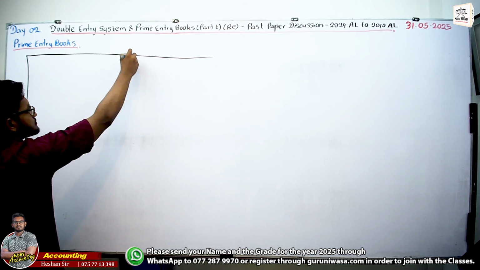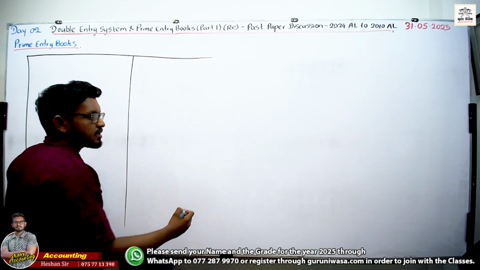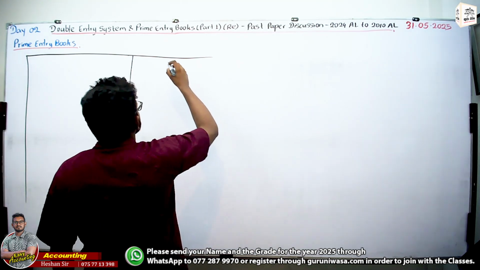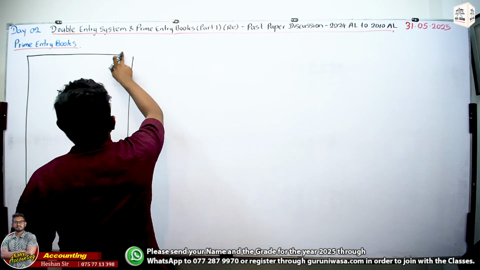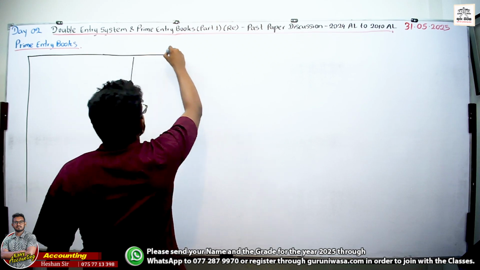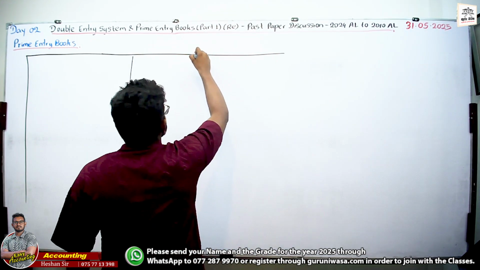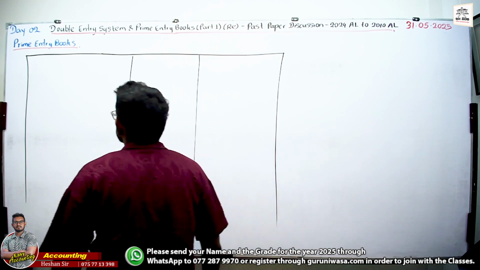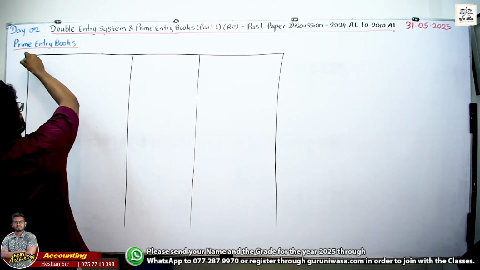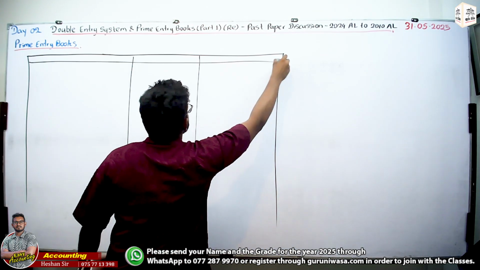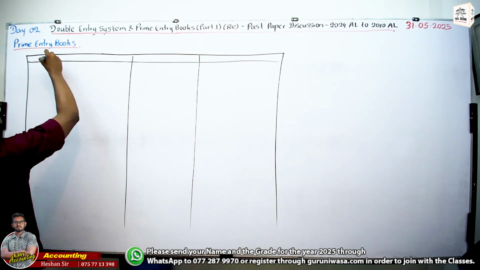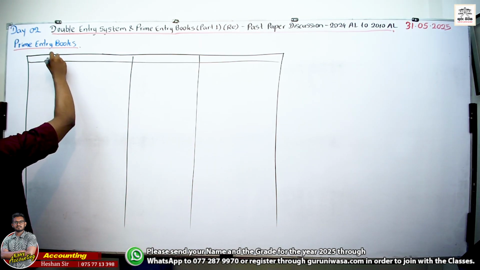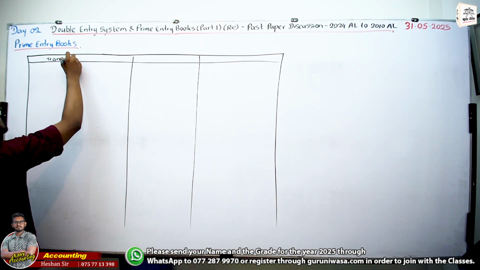Transaction, source document, and primary entry book. First one is transaction.